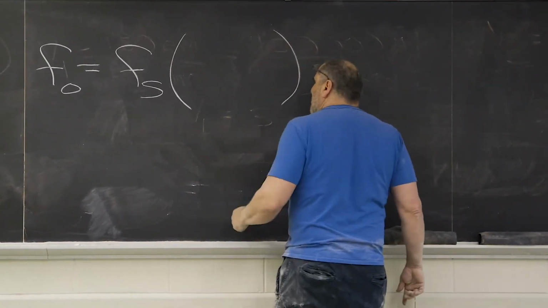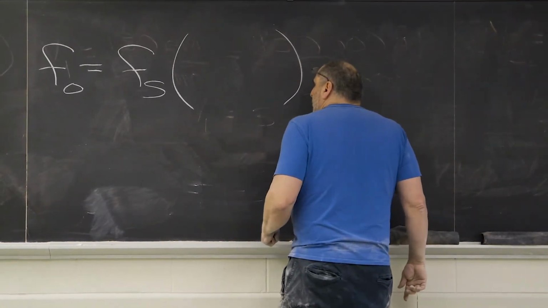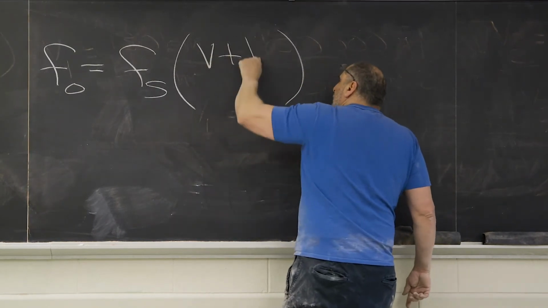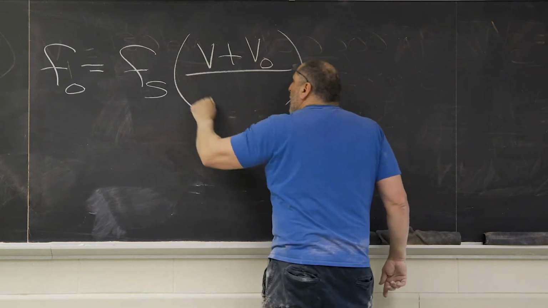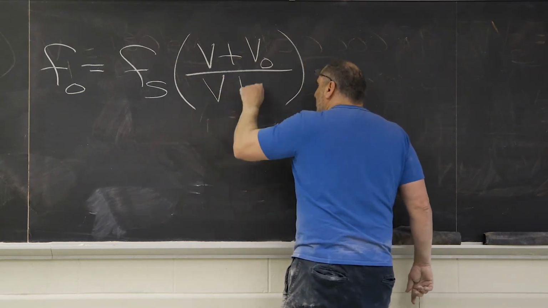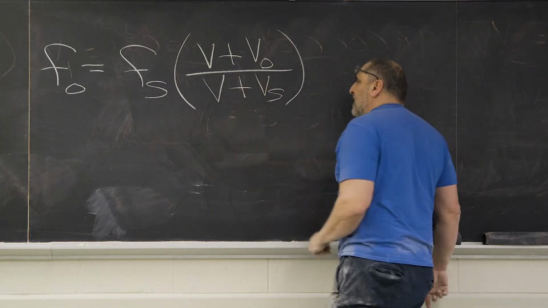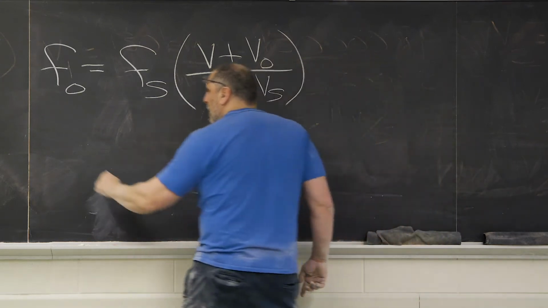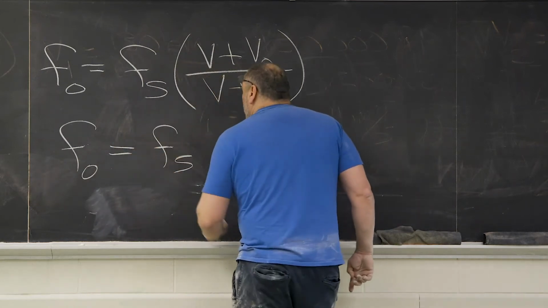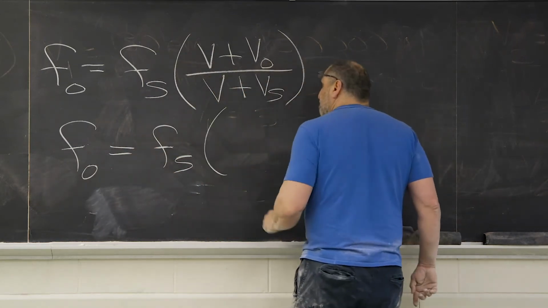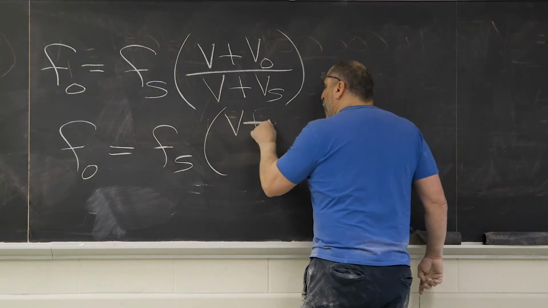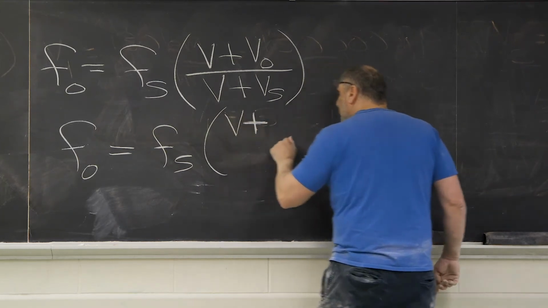If the cyclist is behind, he's trying to catch the source. If the source is fleeing from him, that's also a positive right here. They told us that the cyclist is going 1/3 the speed of the source.